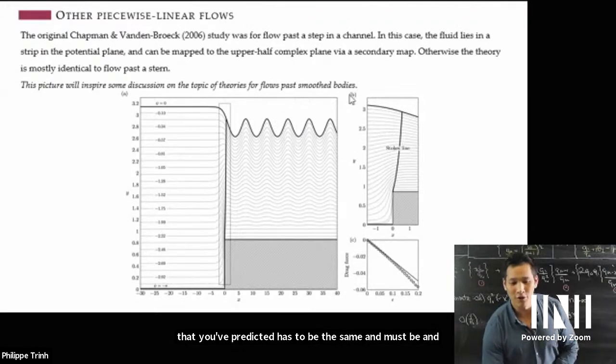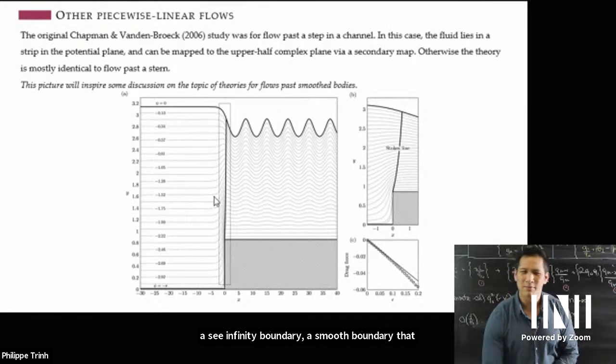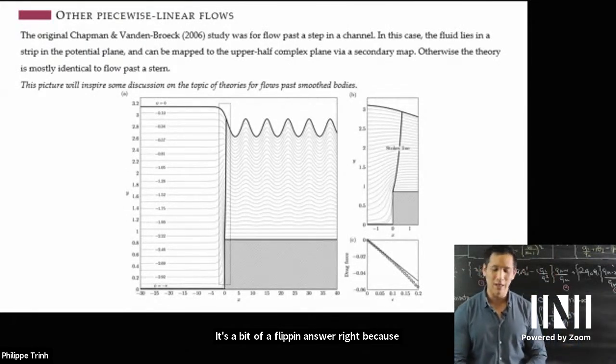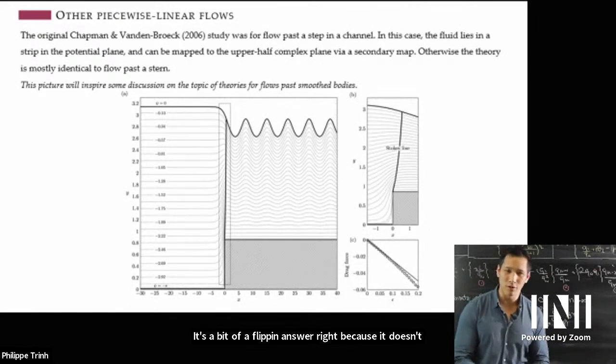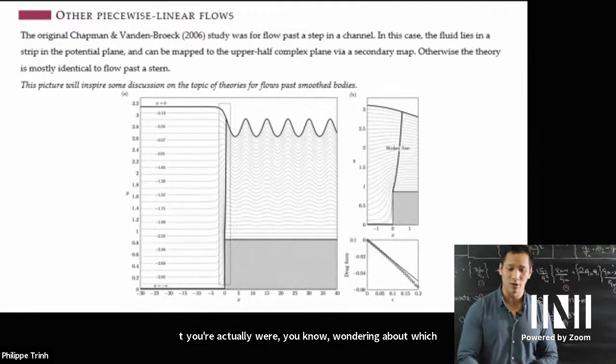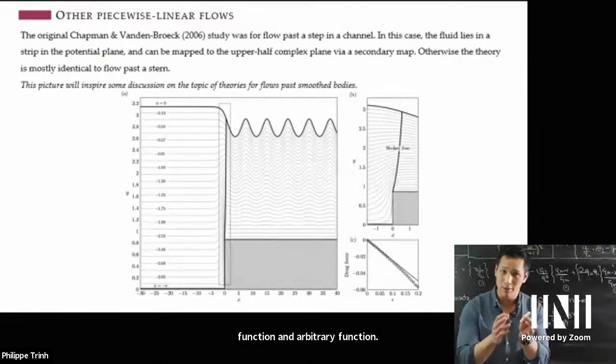And so therefore, this solution that you see here must be the free surface waves that corresponds to flow over a C infinity boundary, a smooth boundary that corresponds to one of these gray lines. It's a bit of a flippant answer, right? Because it doesn't tell you the actual inverse problem, which is what you're actually wondering about, which is if I were to give you an arbitrary function, can you tell me that corresponds to the boundary?